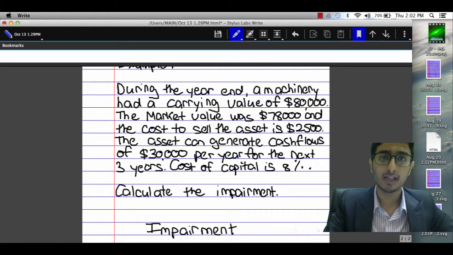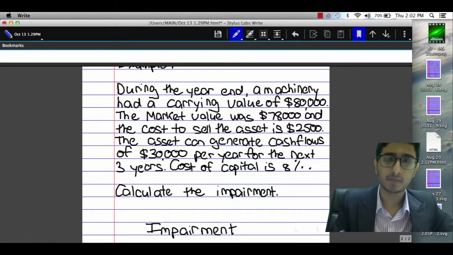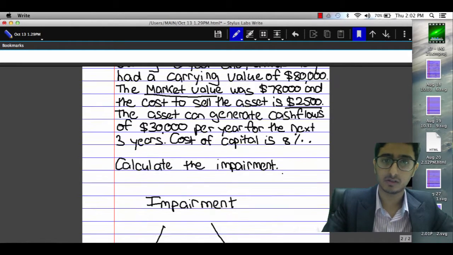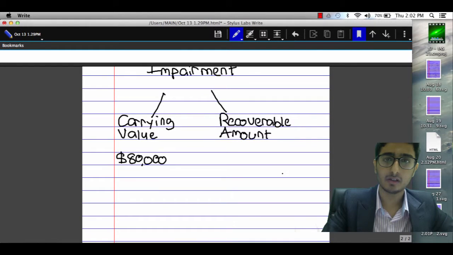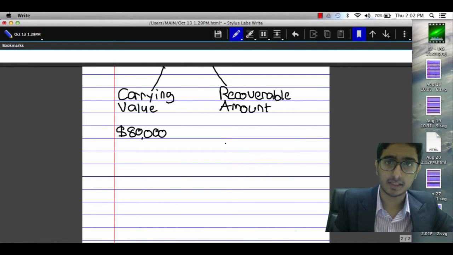Now, let us first calculate the fair value minus cost to sell. Remember, fair value talks about market value, meaning if we buy that asset today, it will be at that value. Market value was $78,000 and the cost to sell the asset is $2,500. So, let's see.